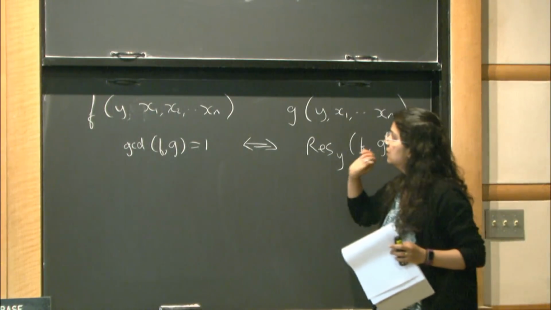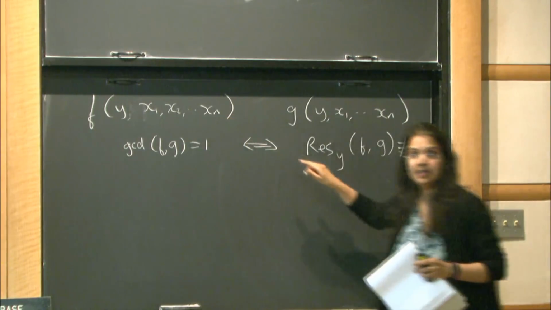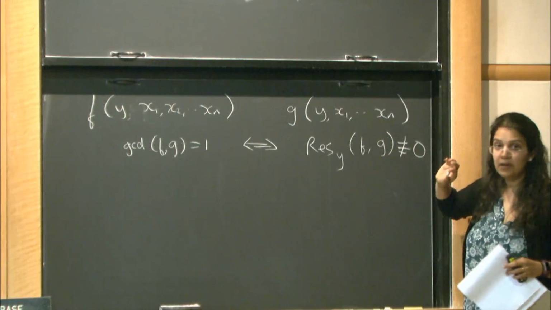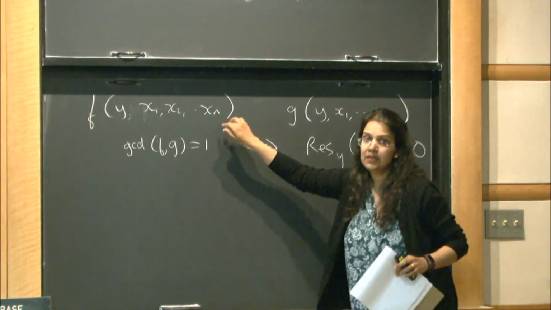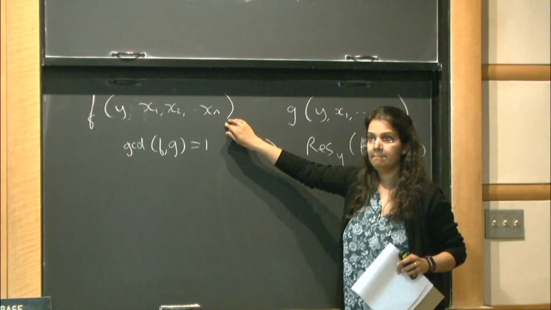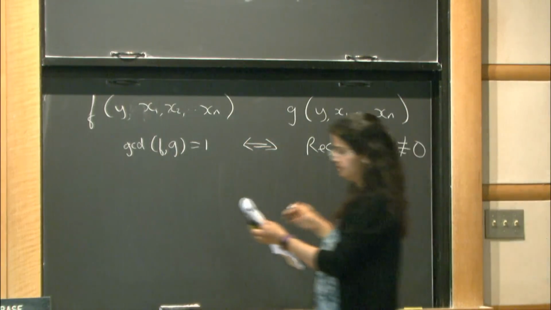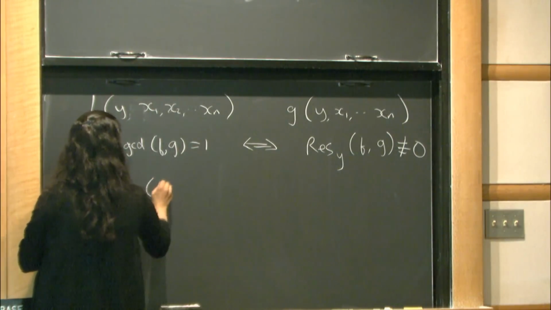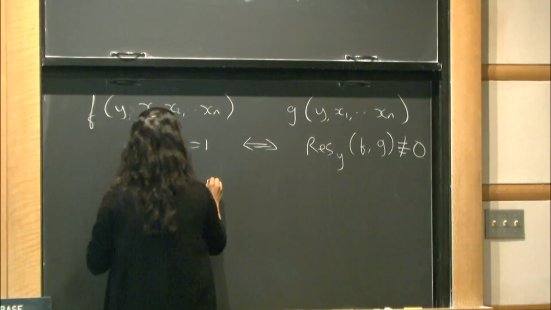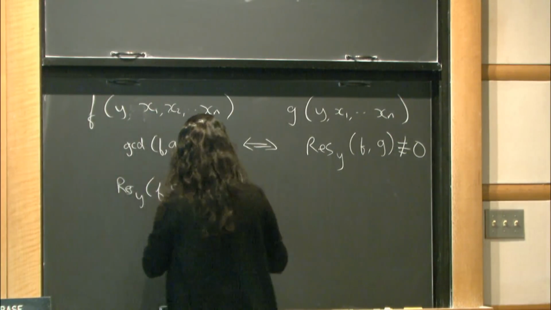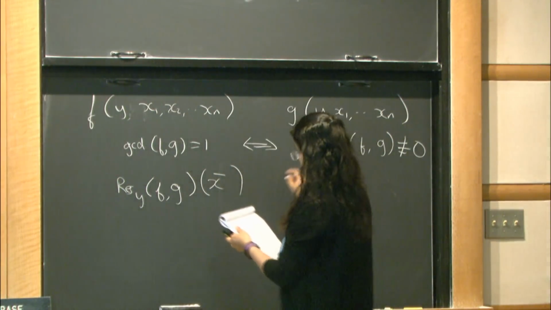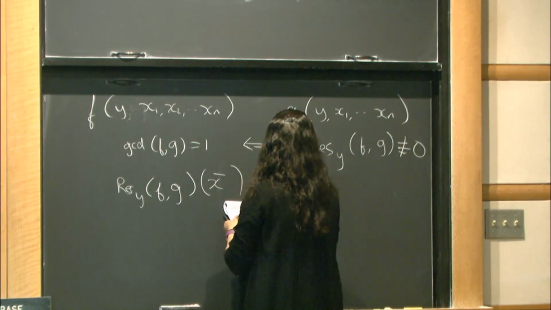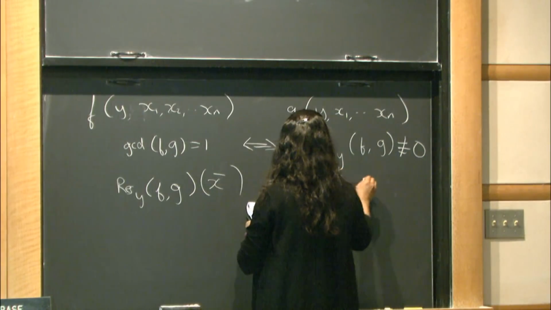For multivariate polynomials, the resultant with respect to y of these two polynomials is going to be a polynomial in the variables x1 through xn, and it turns out to be a 2ds to the 2d sparse polynomial.